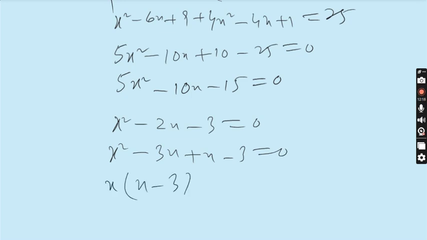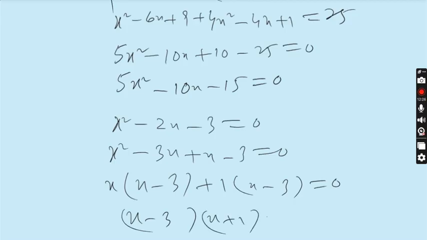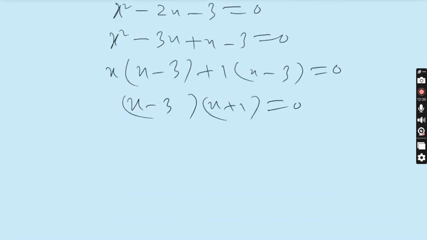Taking x common, x(x - 3) + 1(x - 3) = 0. (x - 3)(x + 1) = 0. x = 3 and x = -1 are the values of x.